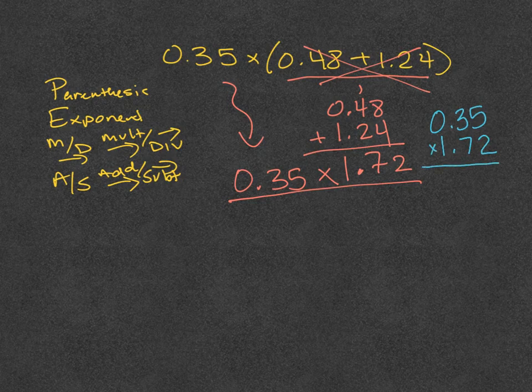All right, starting with my 2, and remember, I don't have to worry about my decimals right now. I just kind of ignore them like they're not there for now. 2 times 5 is 10. 2 times 3 is 6, plus 1 is 7. 2 times 0 is 0. That takes care of my first row.